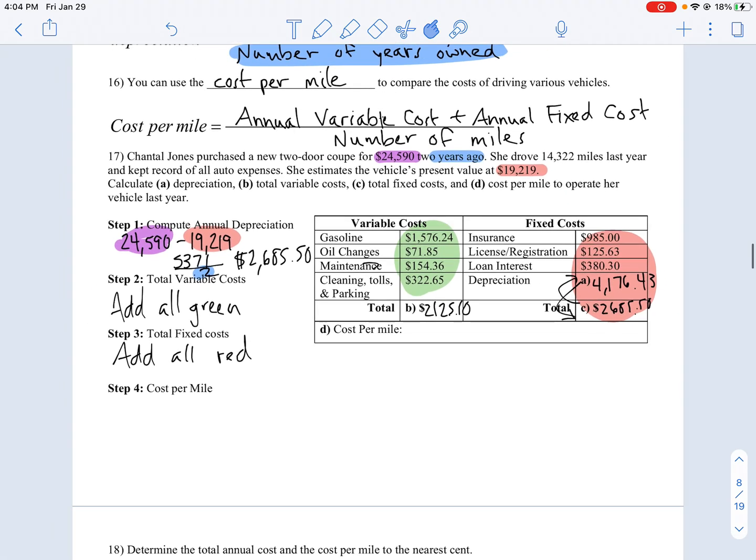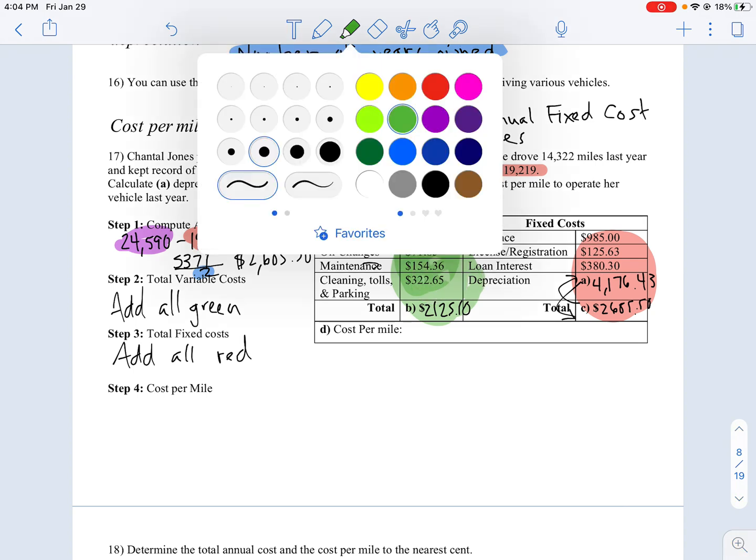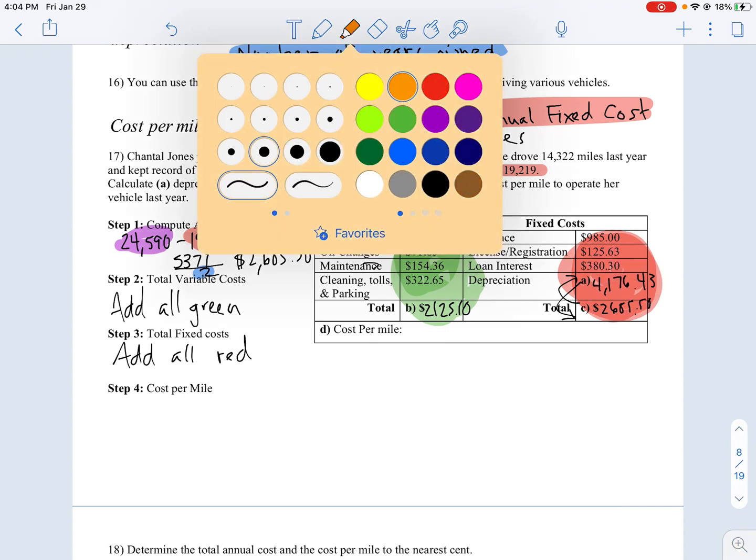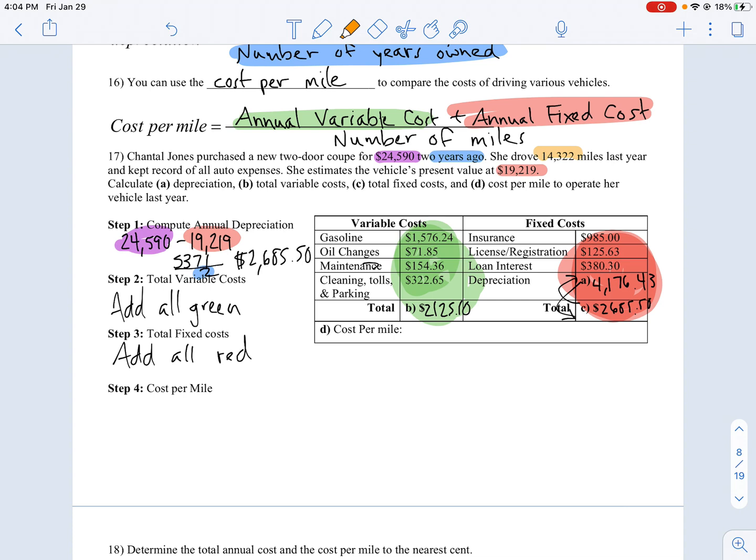Now, if we want to find the cost per mile, it's our variable cost, which we found by adding all of the green together, plus our annual fixed, which we found by adding all of the red together. And then we're going to divide that by the number of miles, which is 14,322. So I go $2,125.50 plus $4,176.43.